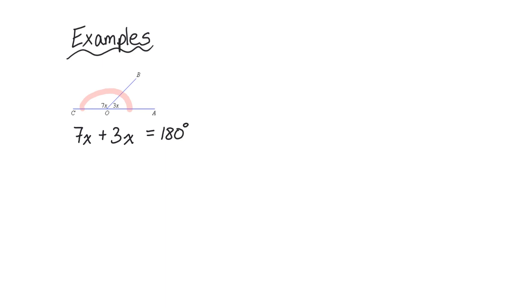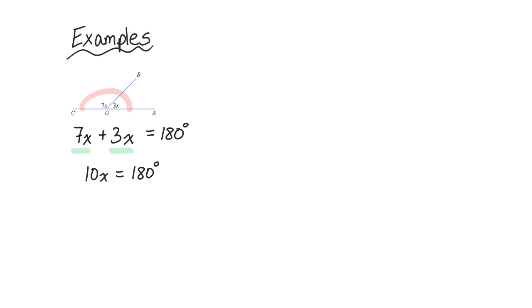And I want to know what is x. Well, if I put these together, 7x's plus 3x's, together that's going to give me 10x's. So 10 times a number gives me 180 degrees.